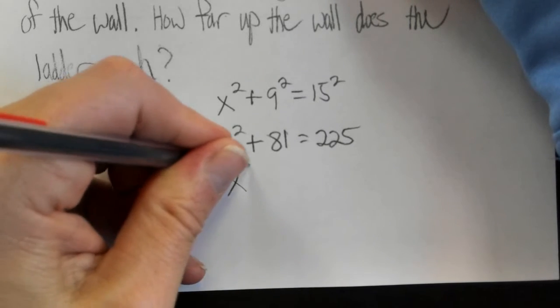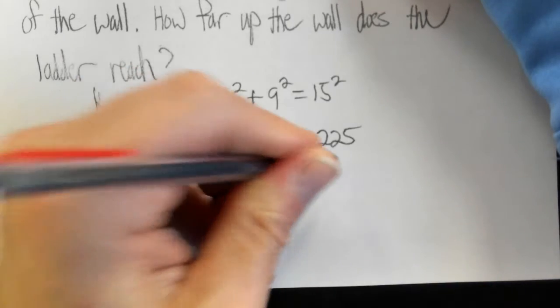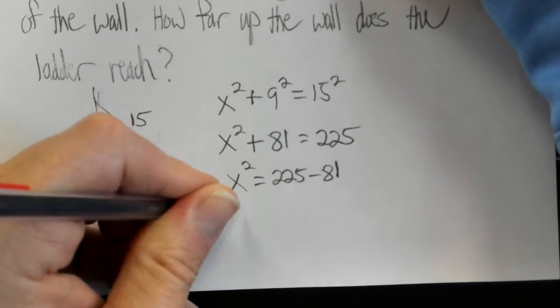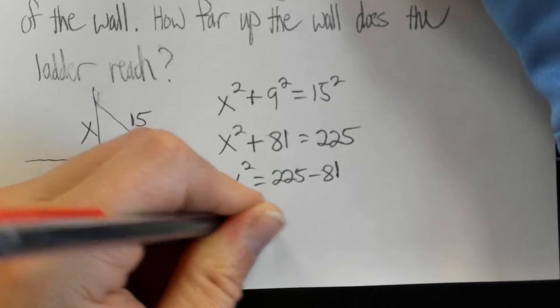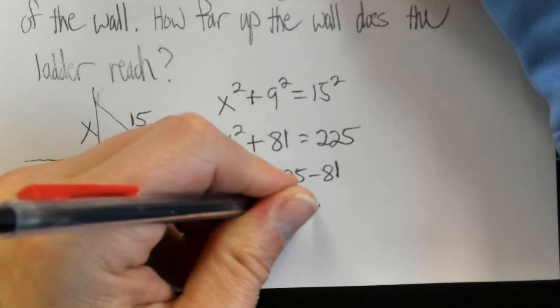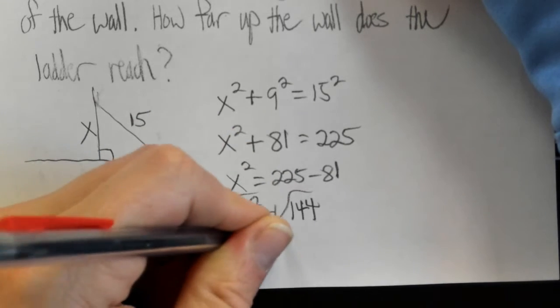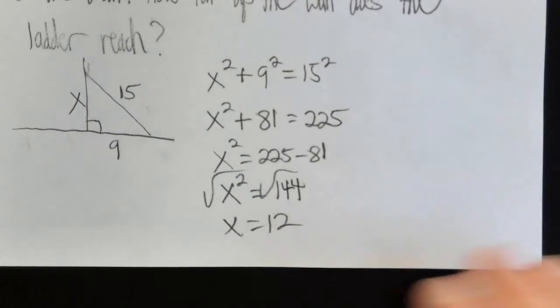X squared equals 225 minus 81. X squared equals 144. Square root, 12. All right, so there you go.